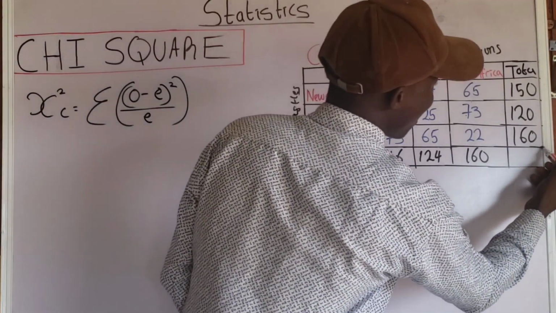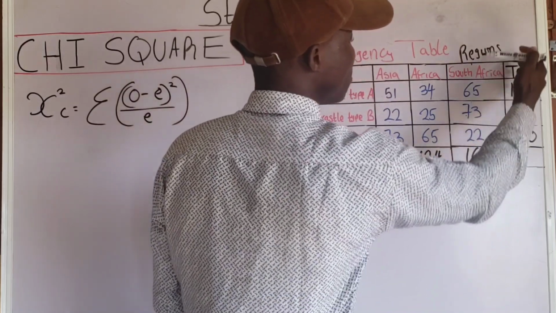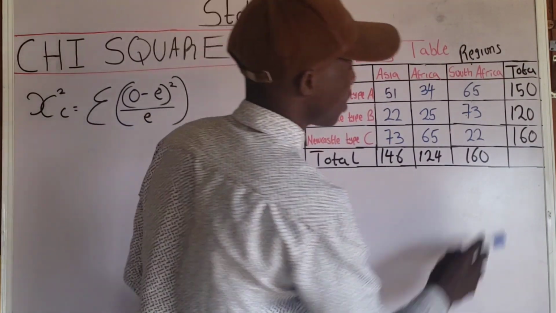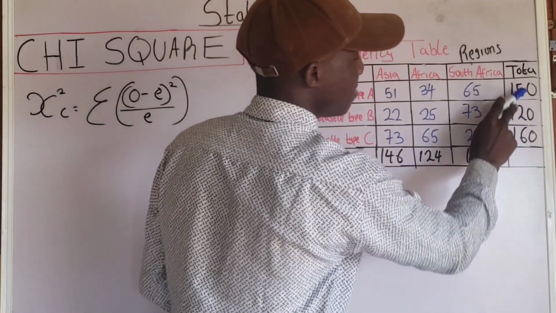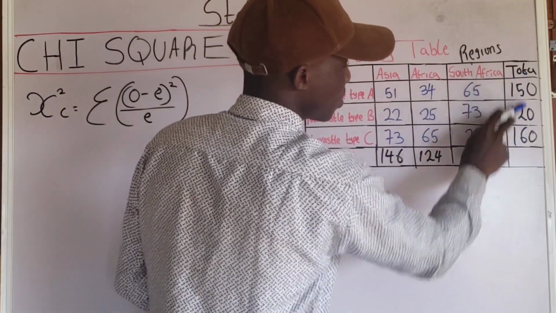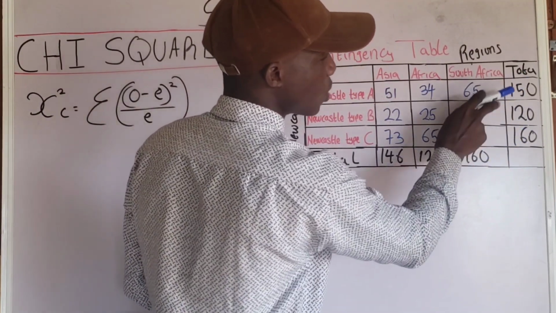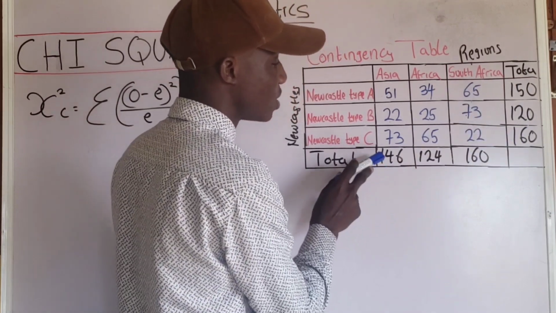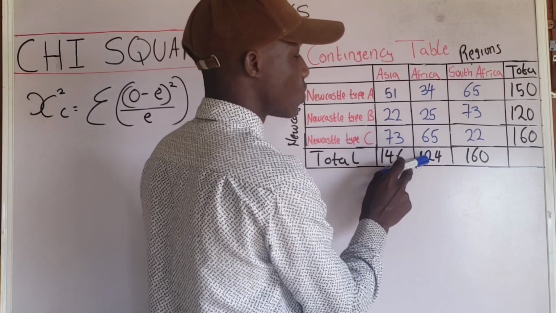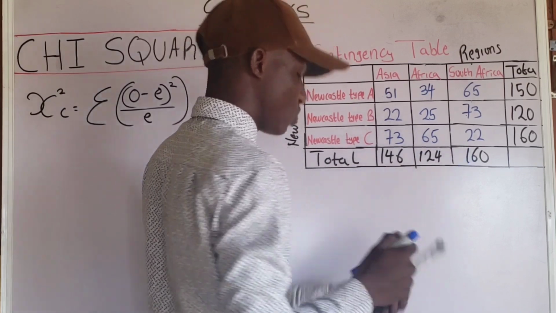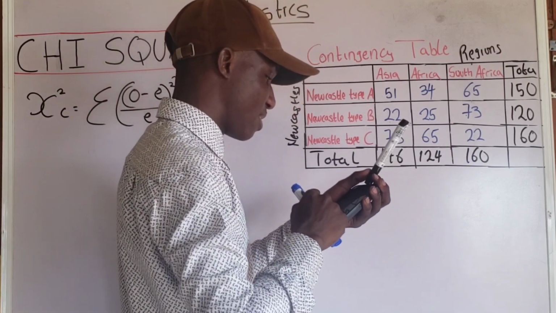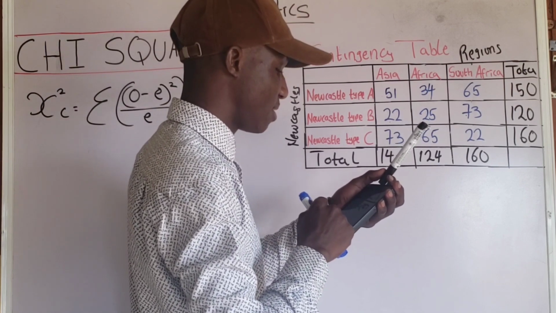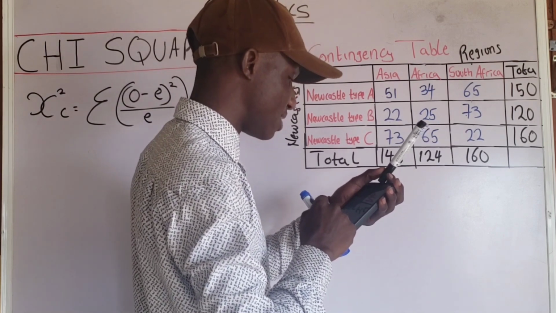Now, listen to what I said. What you are going to have here, by the time you sum all this together, must be equal to the summation of the other totals. By the time I sum 150 plus 120 plus 160, it must be equal to 146 plus 124 plus 160. So let's try. 150 plus 120 plus 160, that is 430.